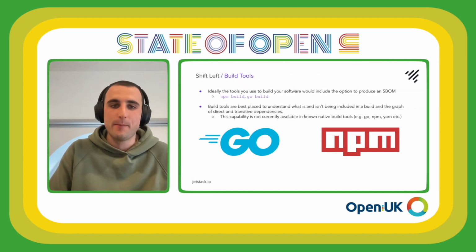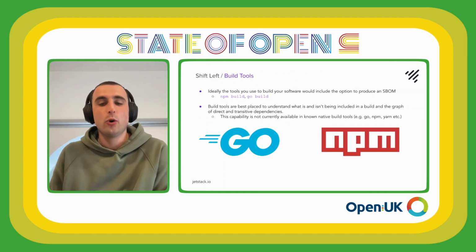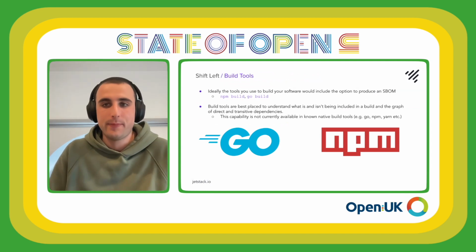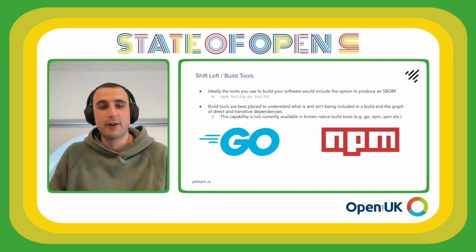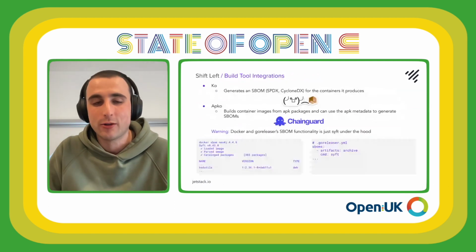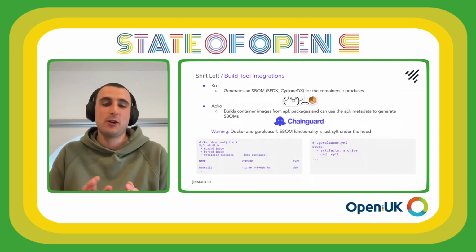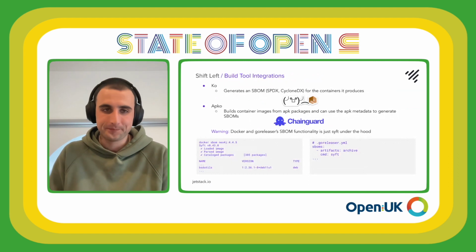Because build tools are the best place to understand what is and isn't being included in a build, and produce a reliable graph of direct and transitive dependencies. Sort of what I mentioned with how go build embeds that into the binary. But it would be nice if it was a separate file in a format that I could choose and configure.